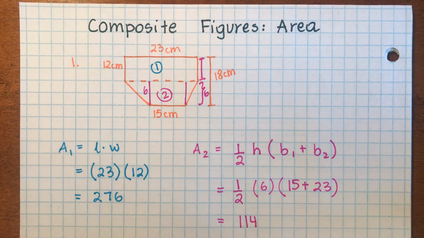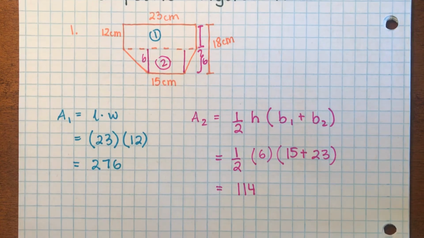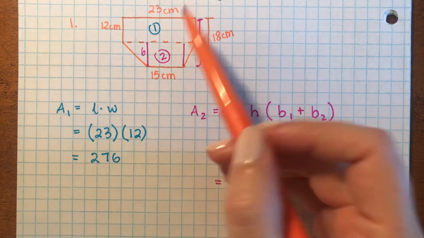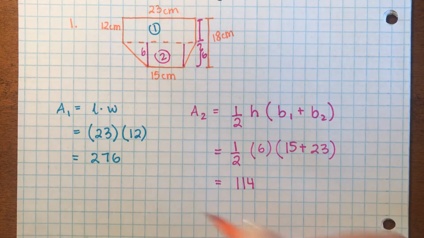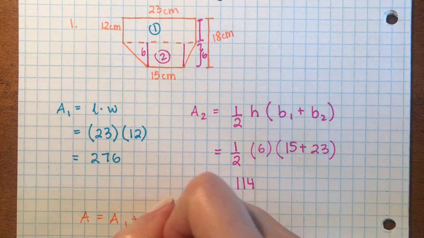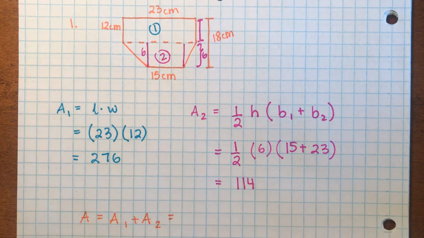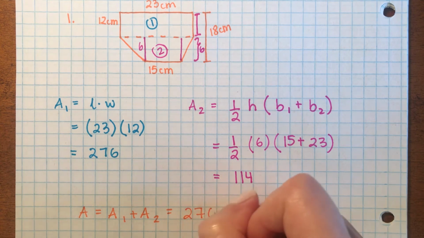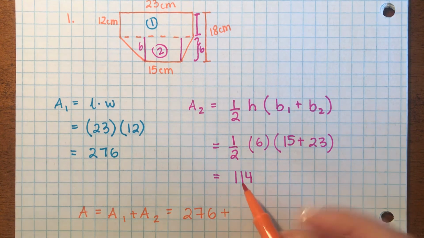So we've calculated the areas of the two separate regions. Now to get the area of this composite figure, we add them together. So area equals area 1 plus area 2. Area 1 is 276, plus area 2 is 114.